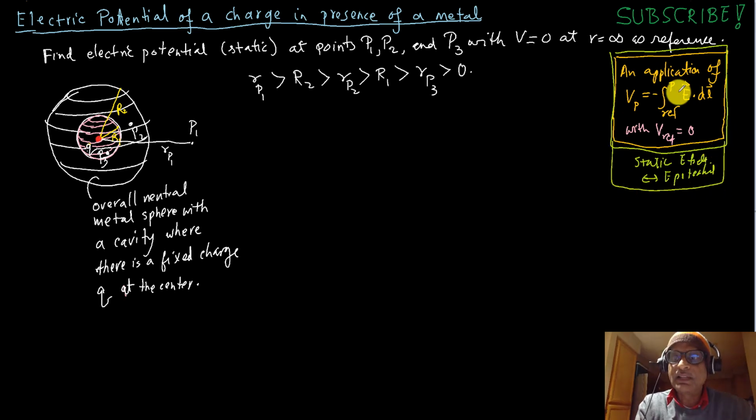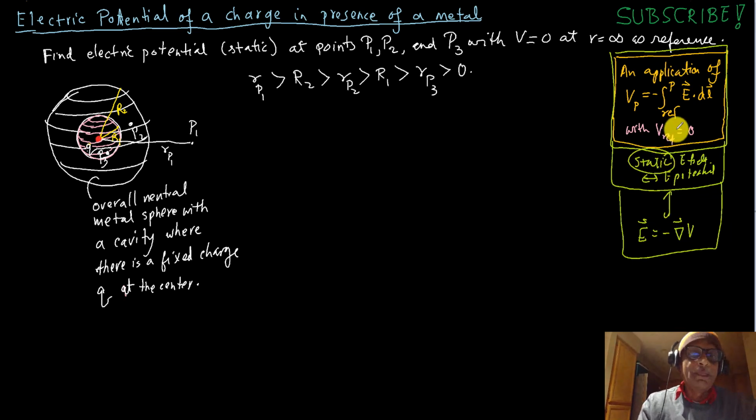So if you know the electric field, you can do the integration and you can get potential from here. And if you know potential, you can get electric field by just doing the gradient of the potential. So these are related concepts, and it's only true for static. Okay, that's the review.